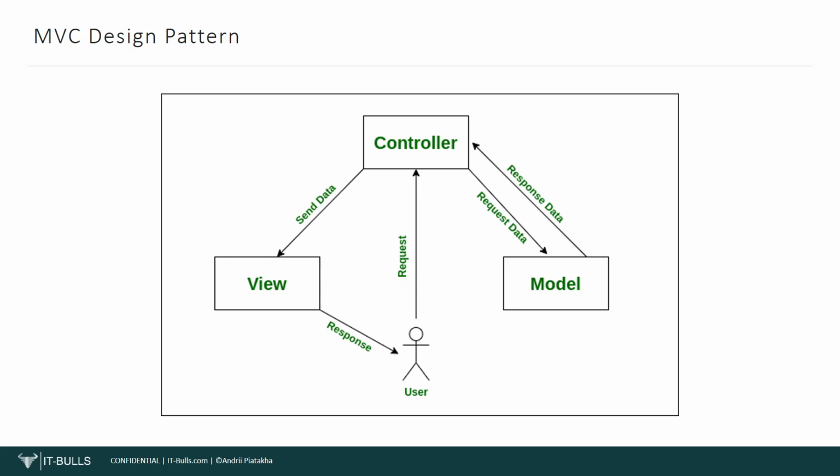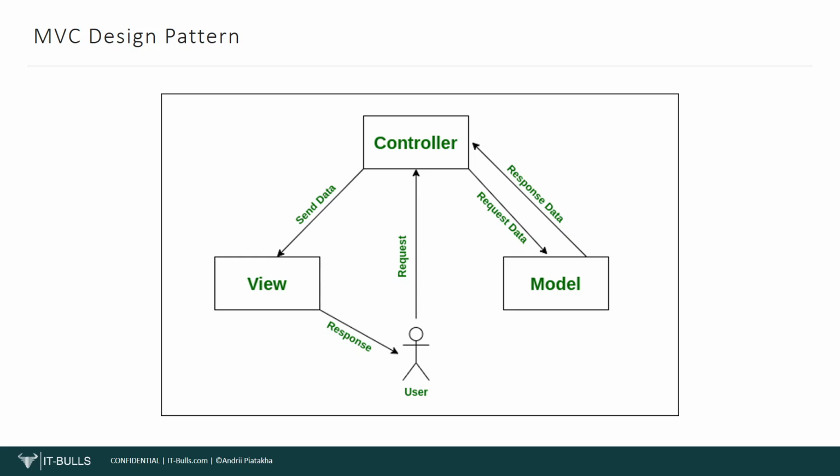Controller. A controller contains the business logic of an application. Controllers act as an interface between model and view components to process all the business logic and incoming requests, manipulate data using the model component, and interact with the views to render the final output.